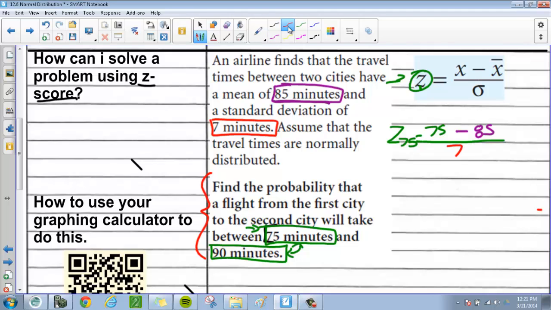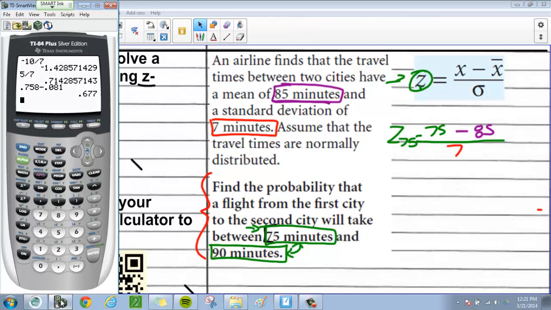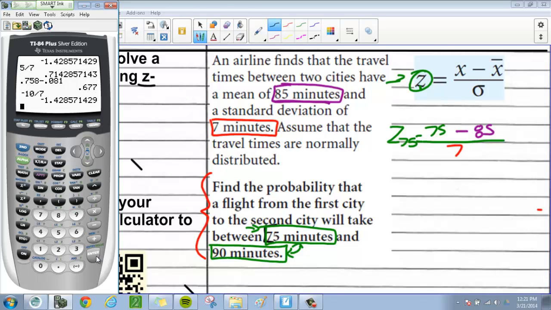Okay, so that's the z-score of 75. Let's put that in our calculator quick. We have 75 minus 85, so we have -10 divided by 7, and we get a z-score of -1.42.